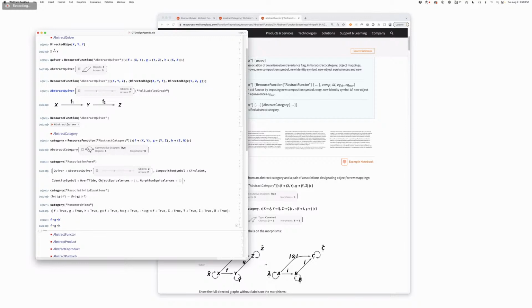There are situations in which you actually want to track which identities are imposed by the associativity axioms versus which identities are imposed by the user, defining their own equivalences. If we had an operator that imposed associativity just by its structure, we'd lose the information that's currently encoded in associativity equations, which is quite useful.